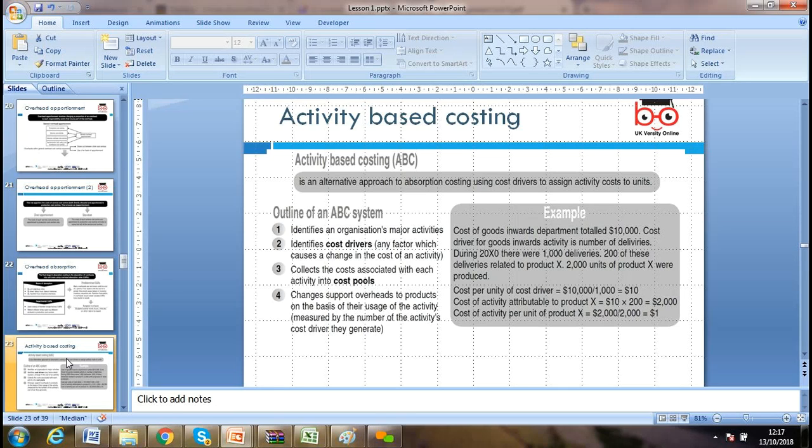Okay, so activity-based costing. This is an alternative method of absorption costing. Instead of that, you decide the cost on the basis of the activity. Like if you're serving 1,000 customers and you're serving 1,500 customers, your activities increase, so your cost will increase.